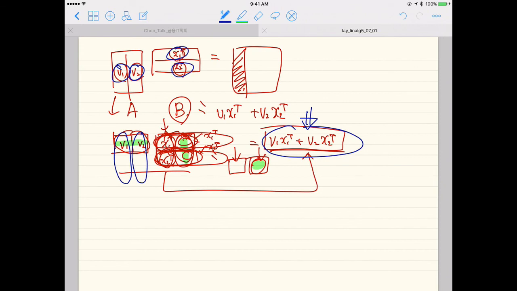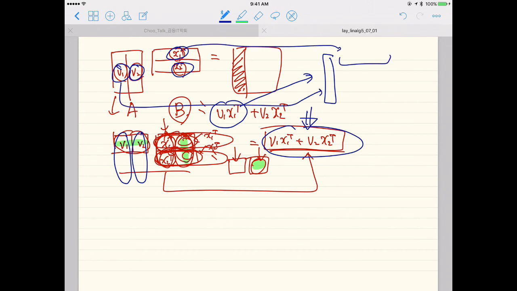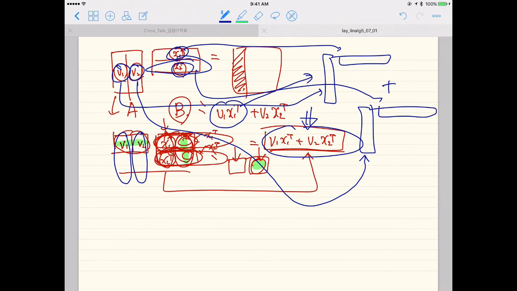In general, this is the first column vector from here and the first row vector from the second matrix, plus the second column vector from here and the second row vector here.